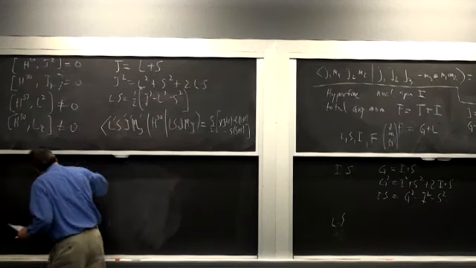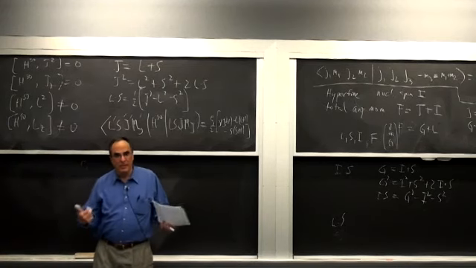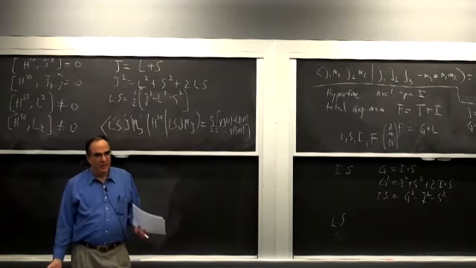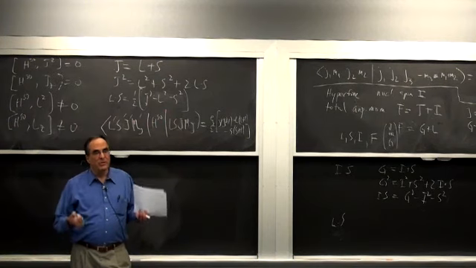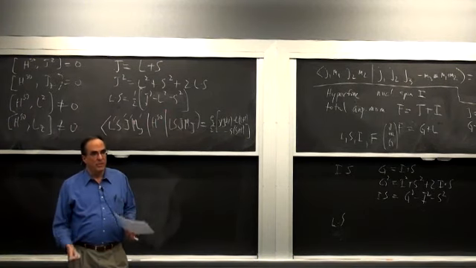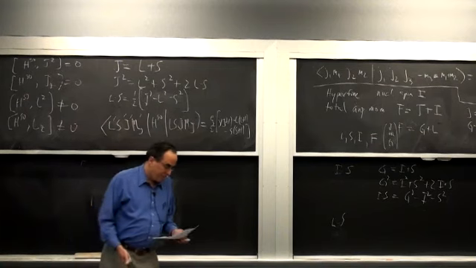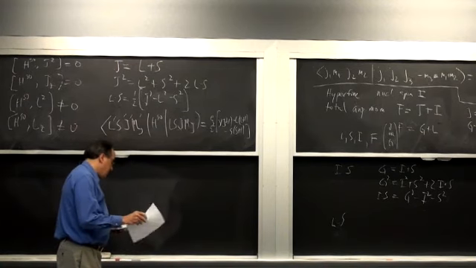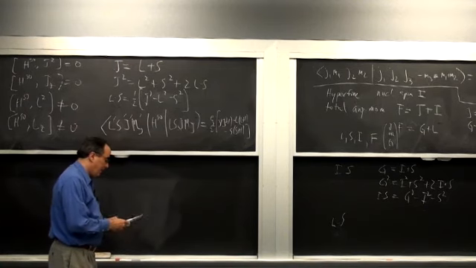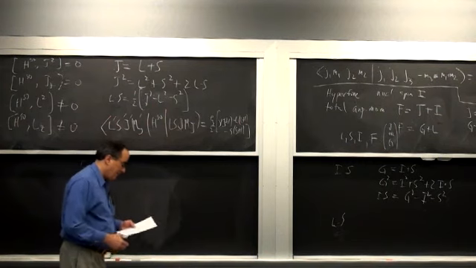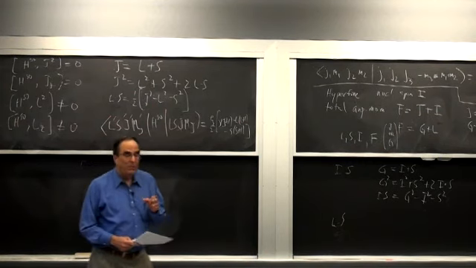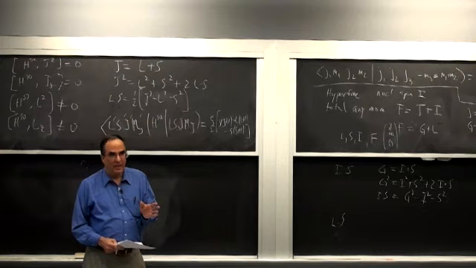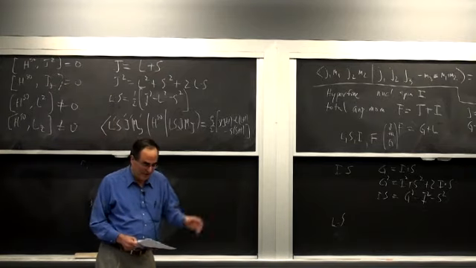Whenever you have to couple 3 angular momenta to make a fourth, you're going to have this choice of which intermediate angular momentum are you going to use. So you can do it the hard way using 3J coefficients. But what you have to do is really awful.